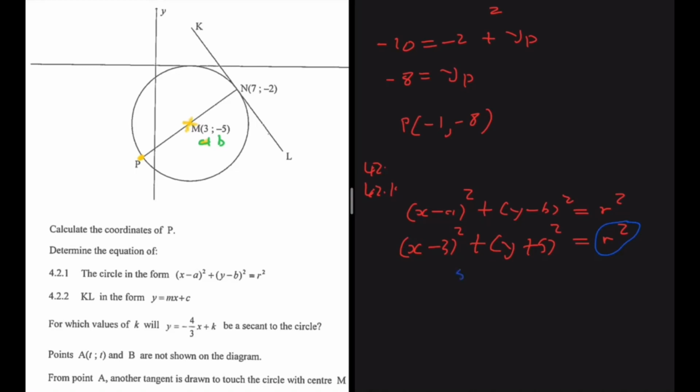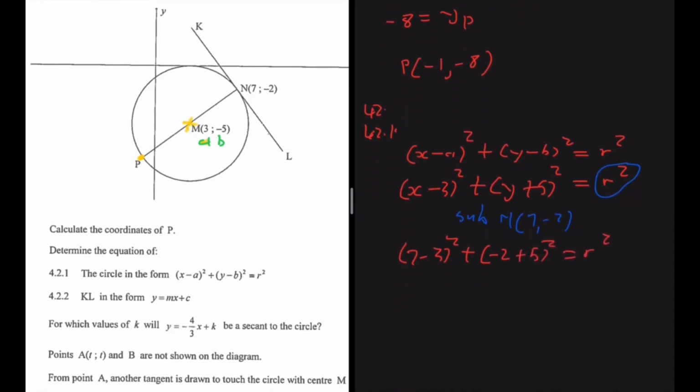So if we sub in N with coordinates 7 and minus 2, what are we getting? 7 minus 3, squared, plus y is minus 2, so we get minus 2 plus 5, squared, being equal to r squared, right?